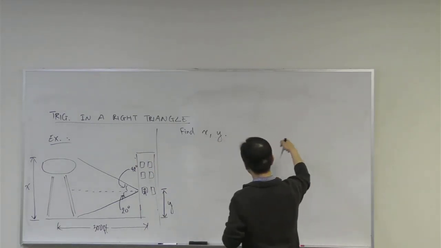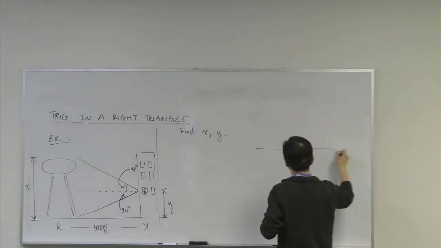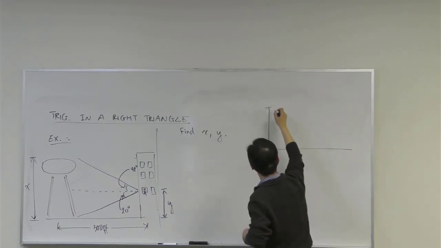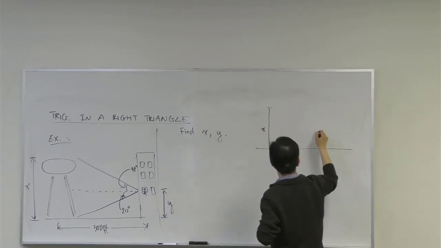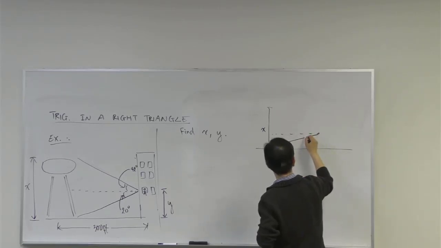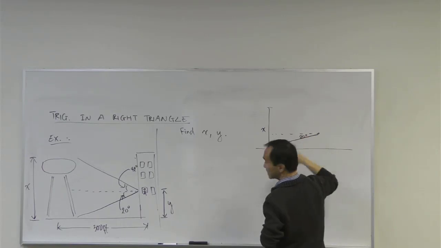So the situation can all be described in a picture like this. Is that a known length there? X here. At some point here, horizontally, we've got an angle of depression. That's 20 here. You guys follow it?